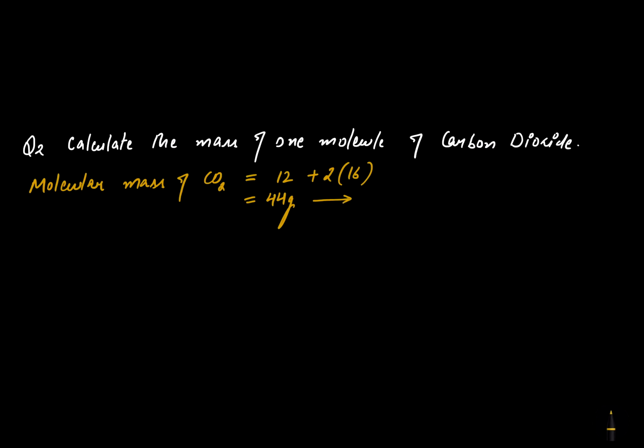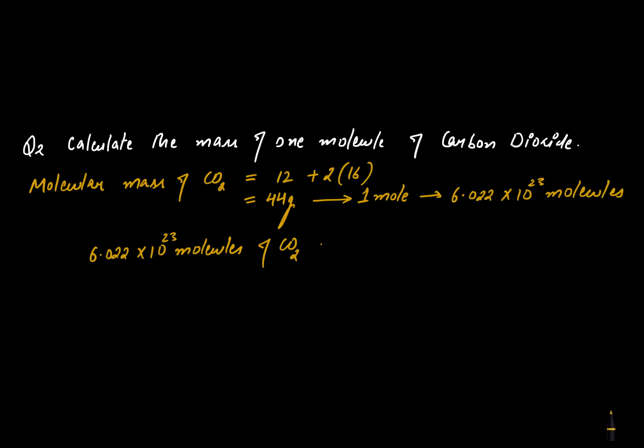This amount, the 44 gram, is called 1 mole, and in 1 mole we have 6.022 into 10 raised to the power 23 molecules. That means 6.022 into 10 raised to power 23 molecules of CO2 will collectively weigh 44 grams. Then what will be the weight of one molecule?